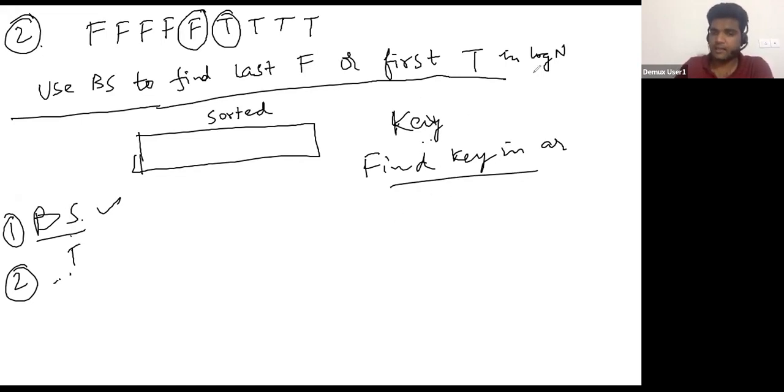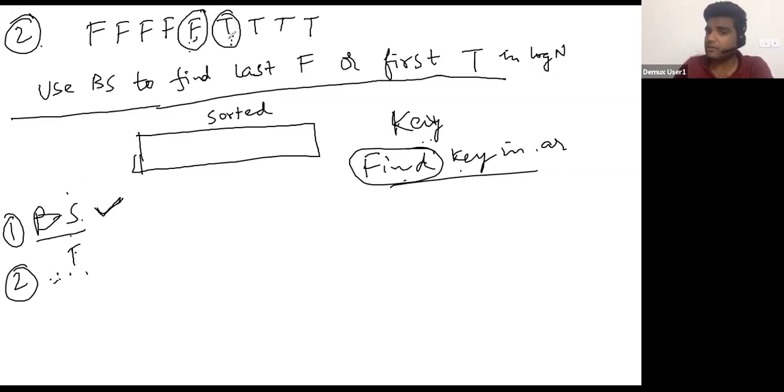This is the idea that I was discussing on the right hand column. We know that it's an explicit search problem. It is given in the question that I need to search something in some search space. So I will first check whether I can apply binary search on it or not. And if I can apply, then I need to devise a predicate such that my key comes as either the last F or the first T, right?